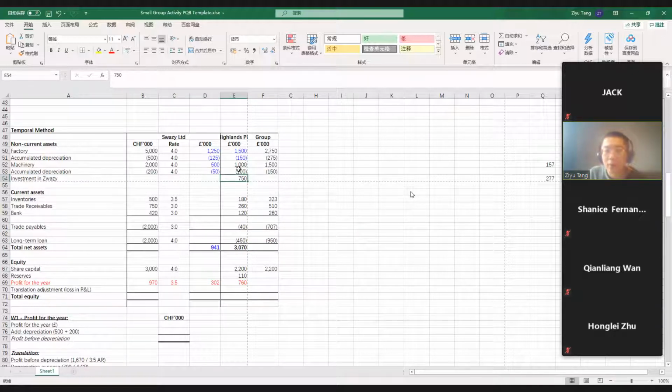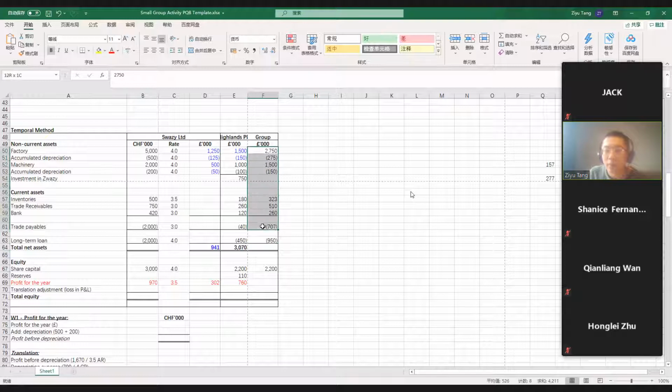Therefore, although the items in the consolidated statement are just a sum of the separate items, for the net assets you can't directly sum these two figures to calculate the total net assets, because you have canceled some items.